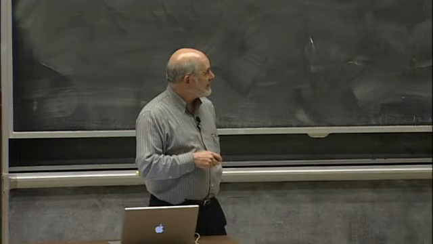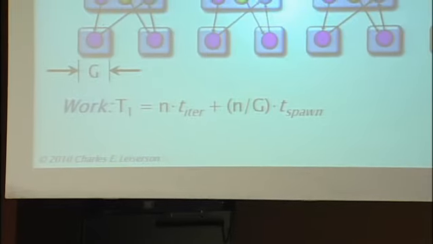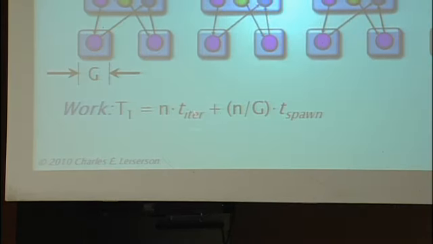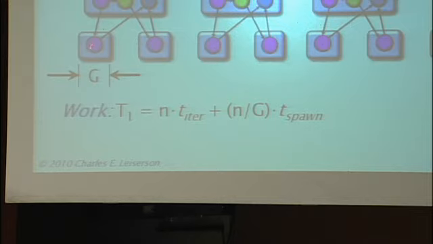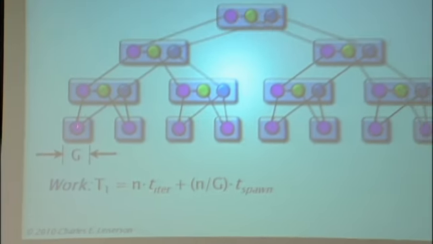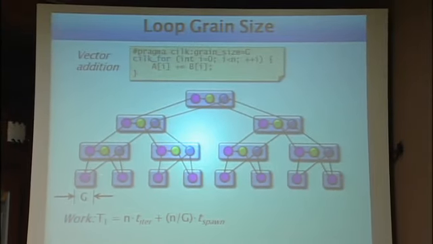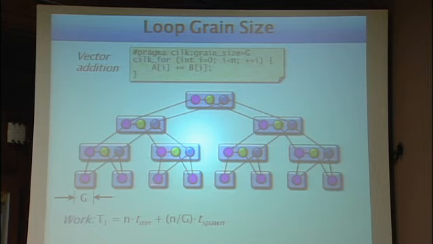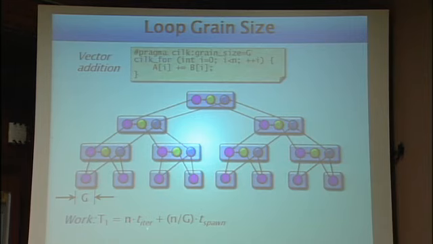Yeah, so basically the constants are with these t_iter and t_spawn. T_spawn is the time to execute all that mess. T_iter is the time to execute one iteration within here. I'm doing, in this case, g of them. So I have n over g leaves, but each one is doing g, so that's n over g times g, which is a total of n iterations, which makes sense.